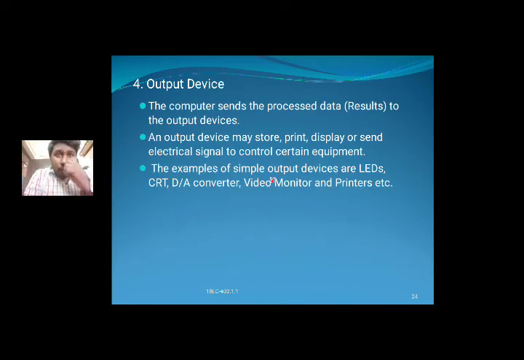Next one is the output devices. The computer sends the processed data, that is the results, to the output devices.